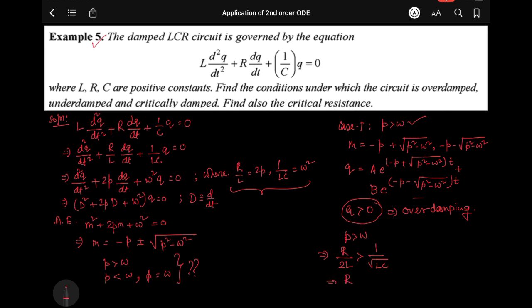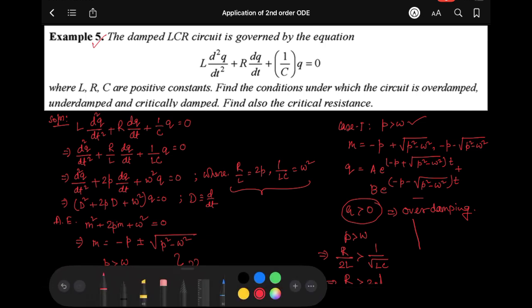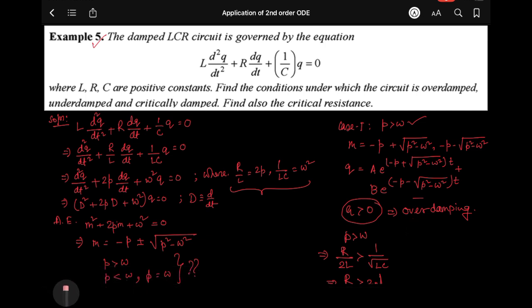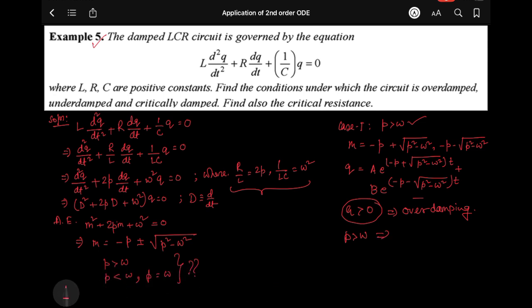If you further do the analysis, from here R by 2L is greater than 1 by root over LC, so R is greater than 2 times root over L by C. This is the condition for over damping.